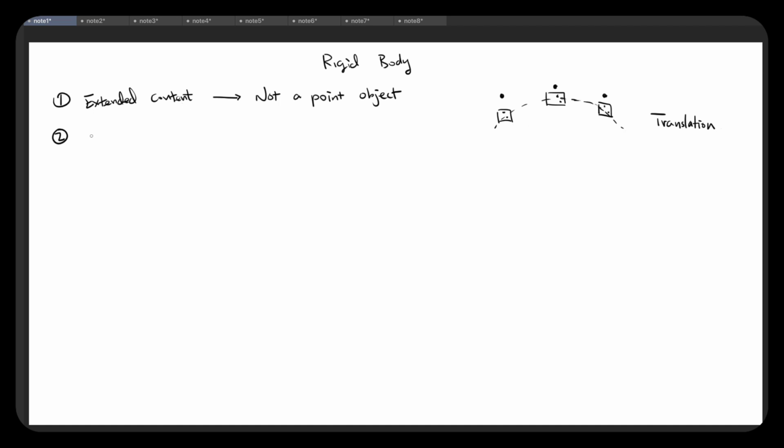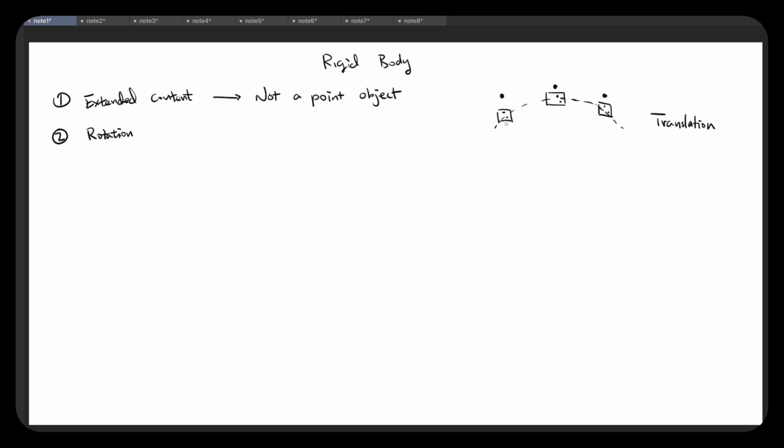So let's talk about rotation. One way of giving different points different motion is by doing rotation. And we know for a point object, there's no rotation, right? That's just a single point.